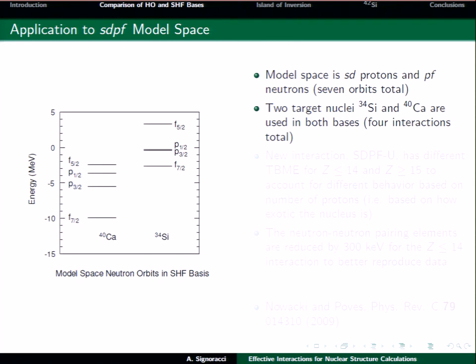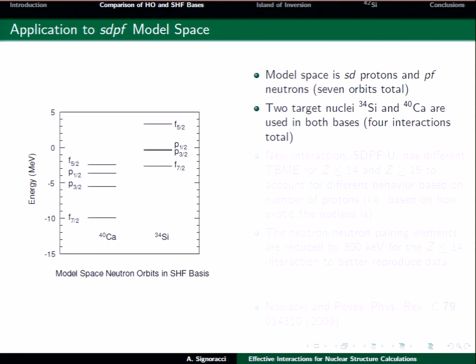As I showed on the first slide, the 2+ energy in both of these nuclei is very high. The N equals 20 shell closure, as it's referred to, is maintained as you move to silicon-34.